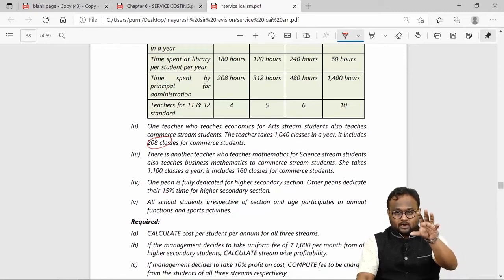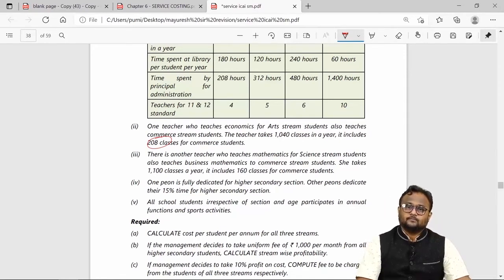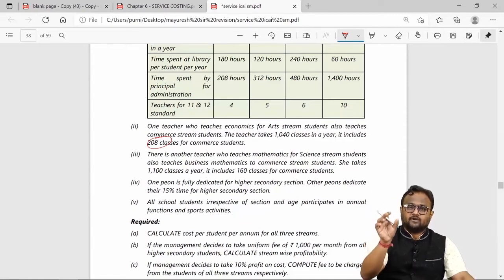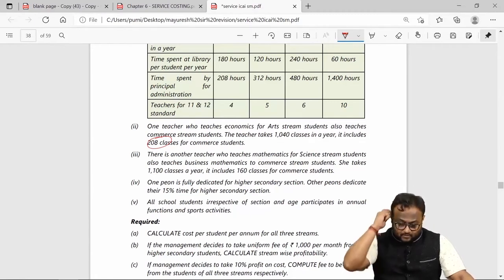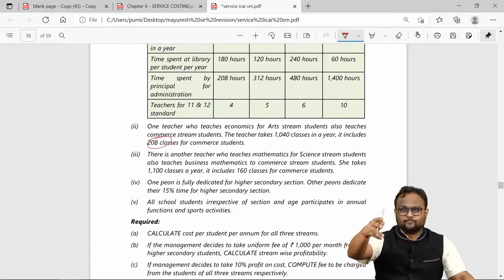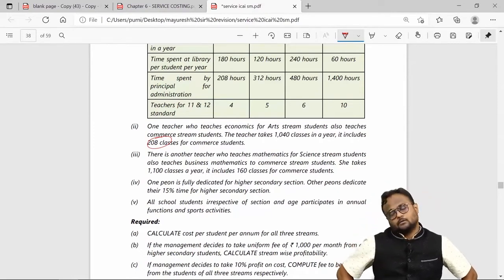So total remuneration of teacher for 1040 hours, divided by 1040 hours, will give you hourly rate, multiplied by 208. Total remuneration of teacher divided by 1040 classes will give you the remuneration per class for a teacher.